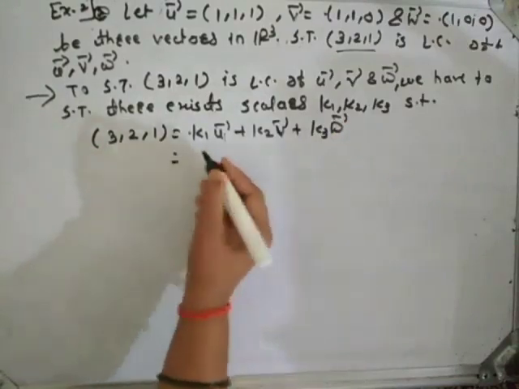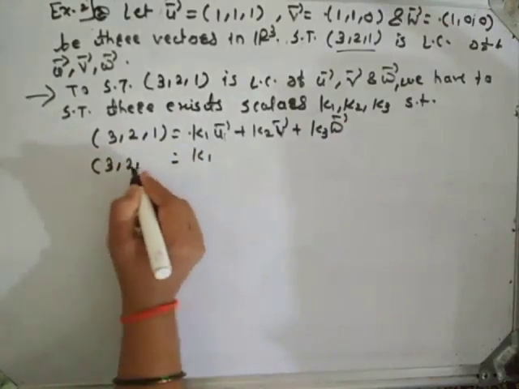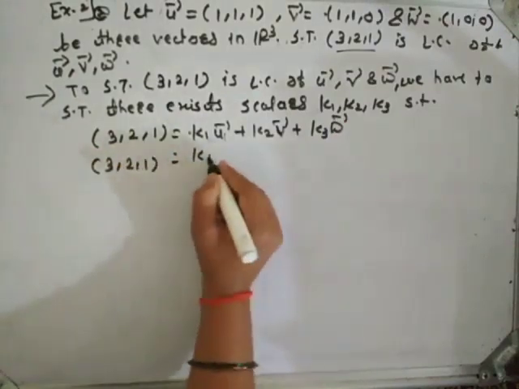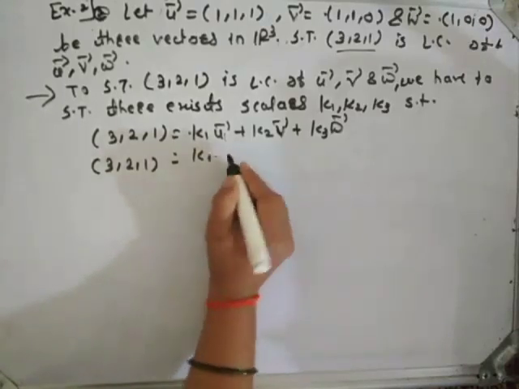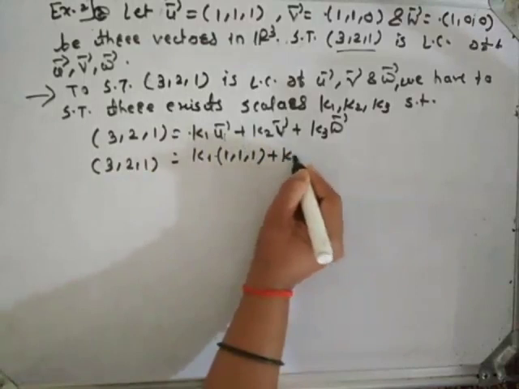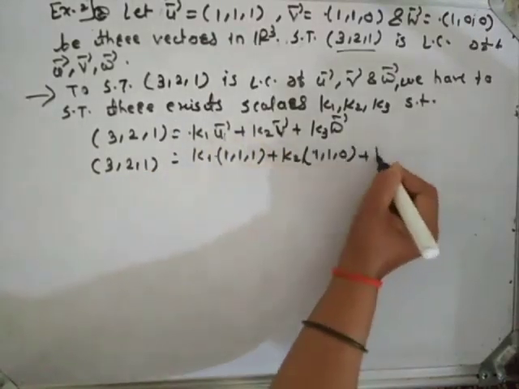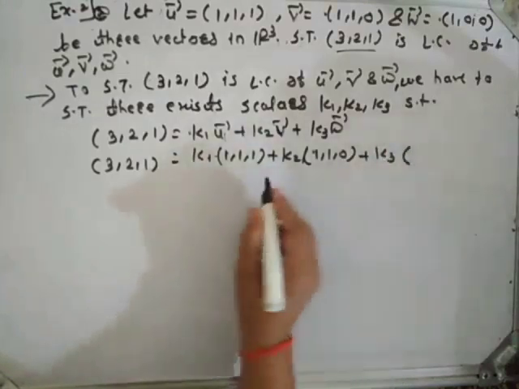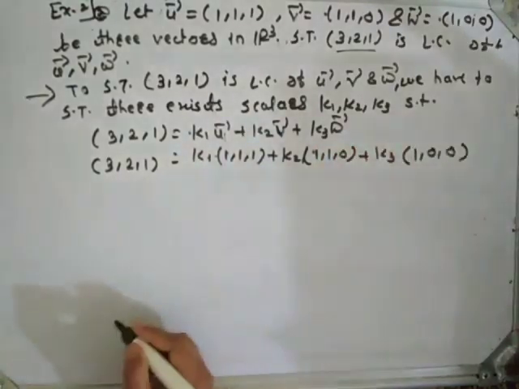So vector (3, 2, 1) is equal to k1 into u bar, u bar means vector (1, 1, 1), plus k2 into vector v bar, which is (1, 1, 0), plus k3 into vector w bar, w bar is (1, 0, 0).